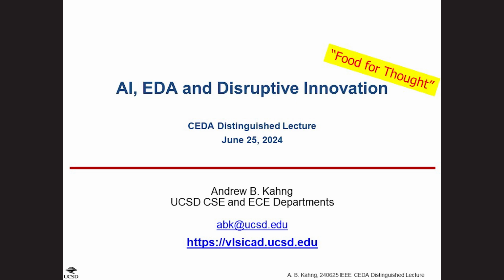So what is IEEE Council on EDA? It's a unit in IEEE, which is, as you know, the largest technical organization in the world. And it deals with theory, implementation, and use of EDA and CAD tools to implement not just circuits, but also systems. As we know now, the focus is really at the system level.